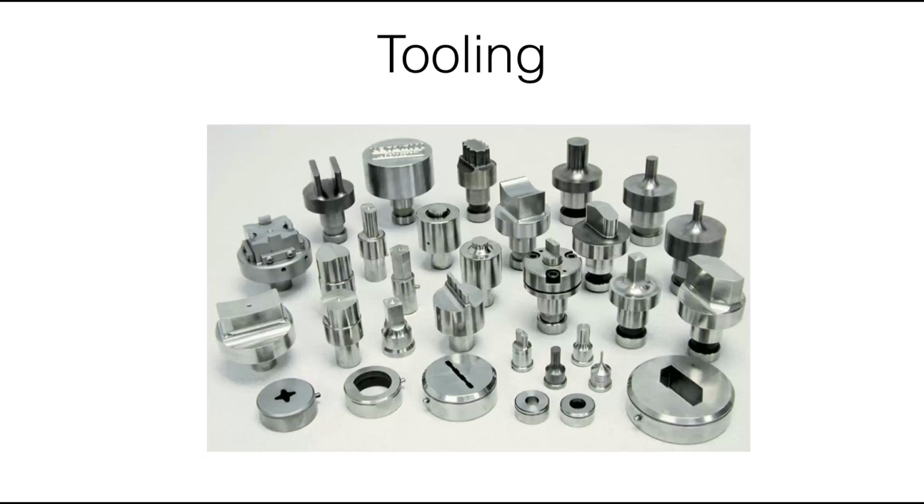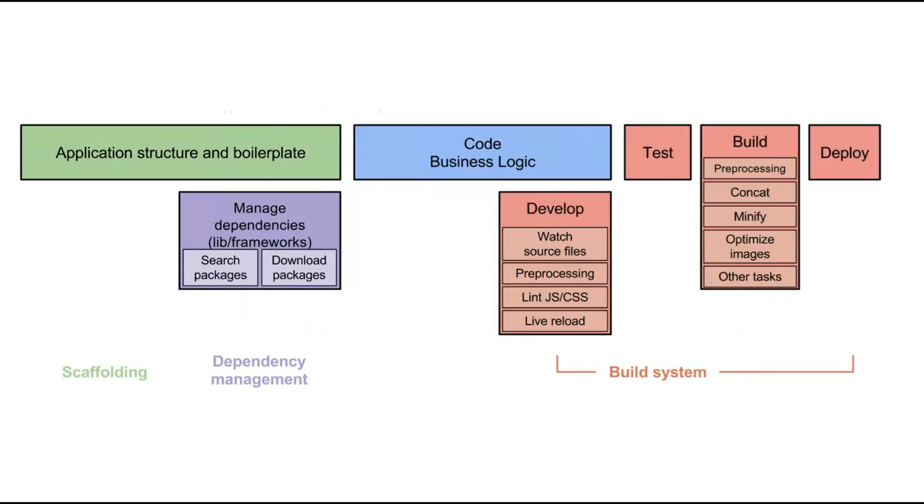Okay, so one of the things that I think has really become sophisticated in recent times is the whole ecosystem around tooling. This may not be specific to single page app development, it's mostly modern app development, but it's very important for single page apps. When we talk about tooling, we're talking about the major building blocks for any application. You have some application structure boilerplate, which is the scaffolding.